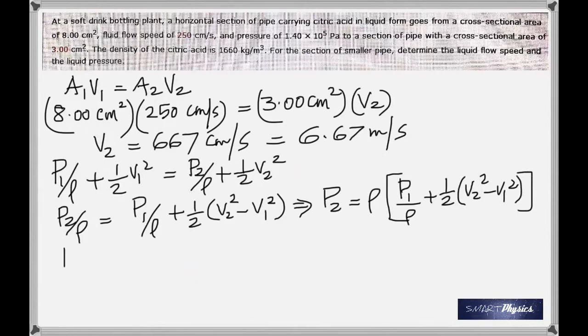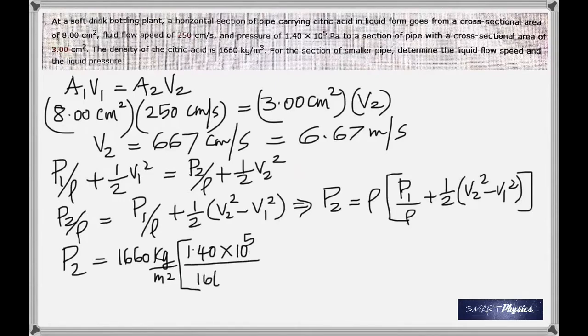Okay, so that is the equation. And now substitute the terms. Density is 1660 kilogram per meter squared. Pressure in section 1 divided by the density plus 1/2.